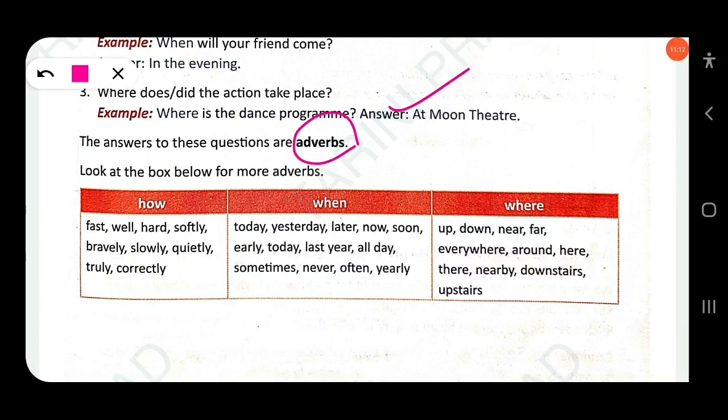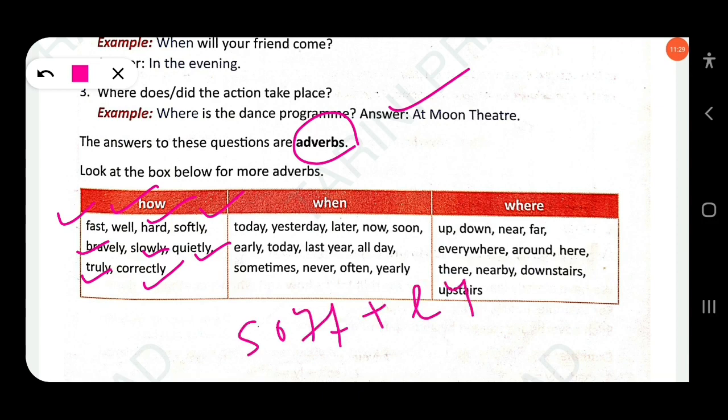Look at the box below for more adverbs. How the action is done: fast, well, hard, softly, bravely, slowly, quietly, truly, correctly. Soft is an adjective, and when we add ly with the adjective we get adverb, softly.